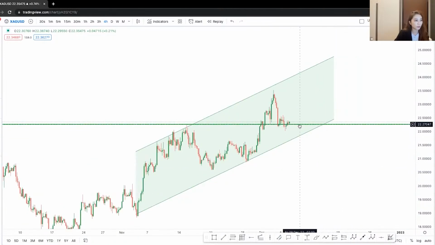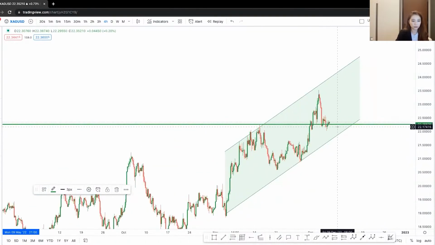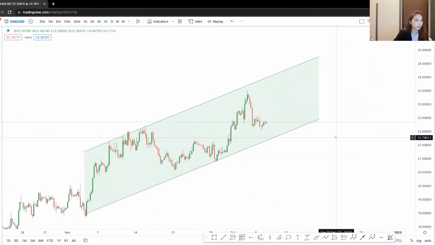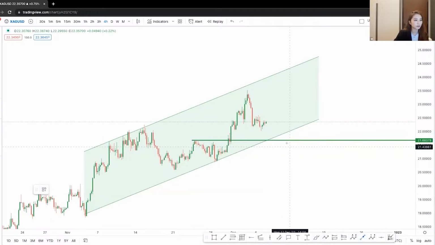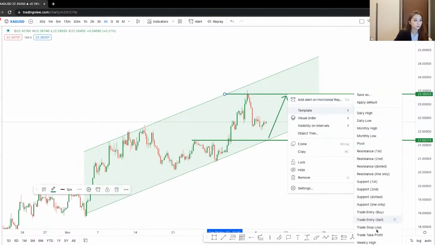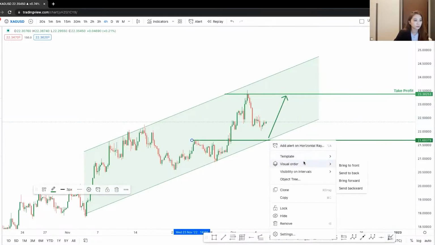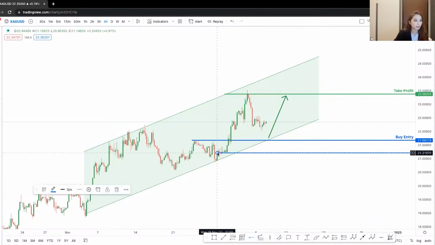So in my viewpoint, I would choose to remove this. I am seeing another level over here instead, seeing an upward movement bounce off. And I would like to keep my stop loss slightly closer.